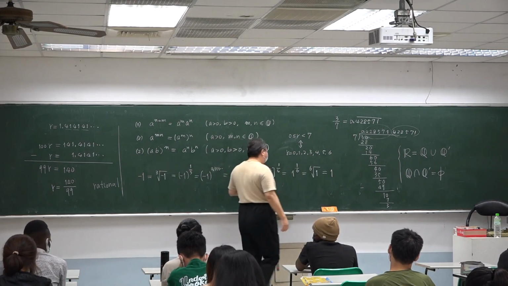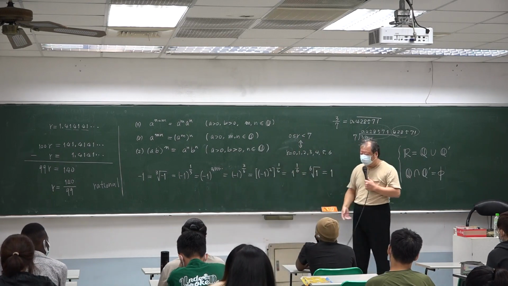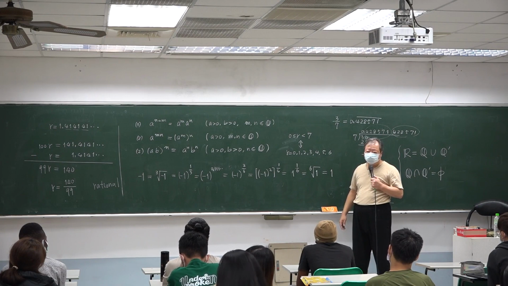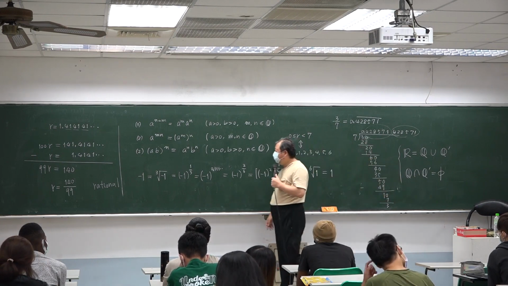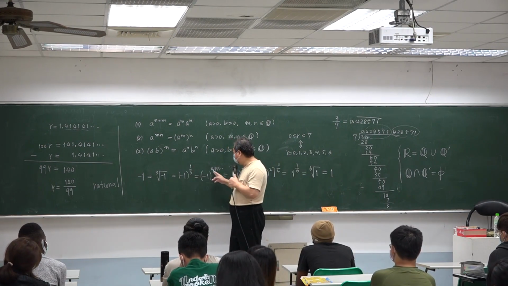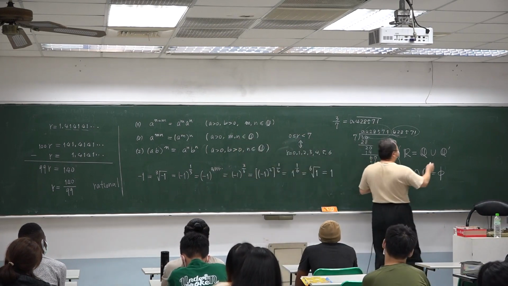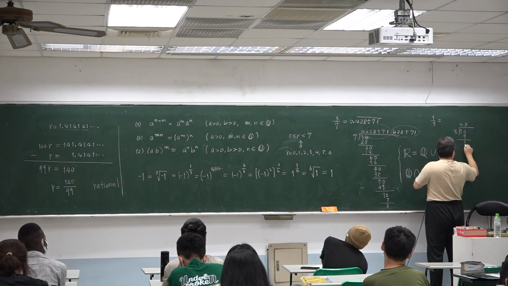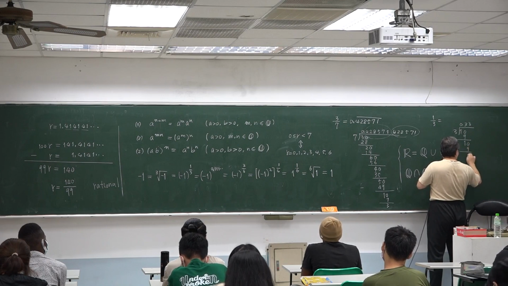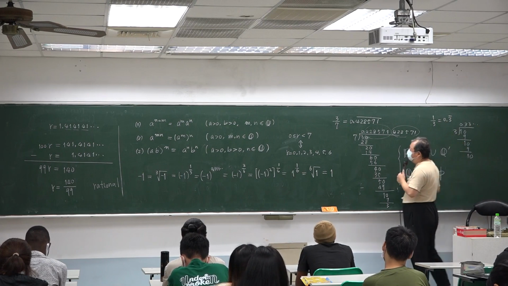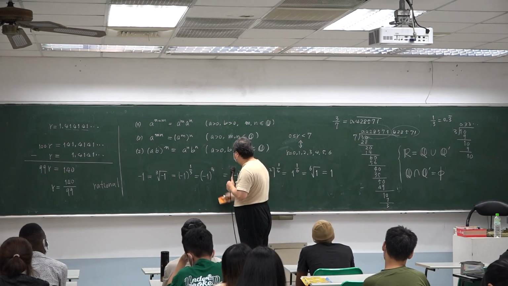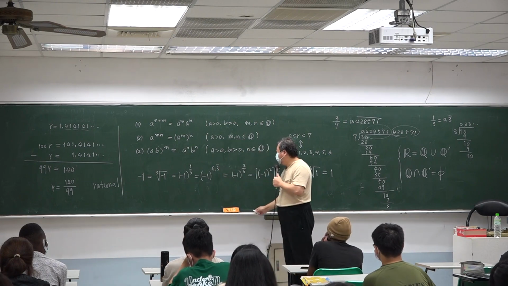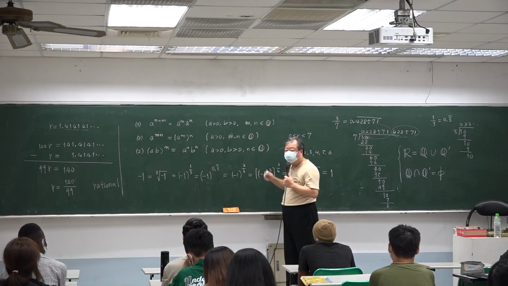Well, what happened here? Can you point out which step is wrong? This is right, and then this is right by definition. These two are the same, because one third is already the same. 1/3 equals 2/6, same.